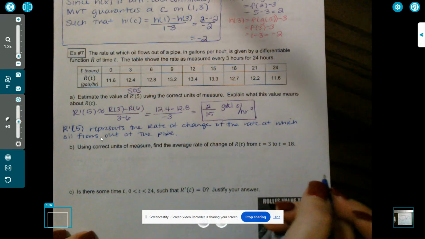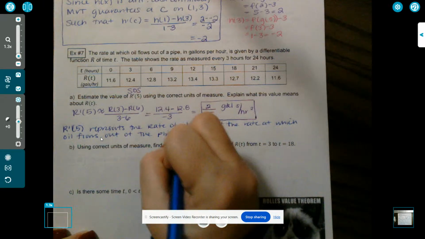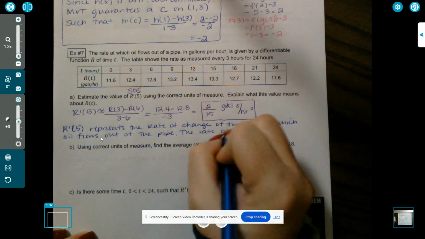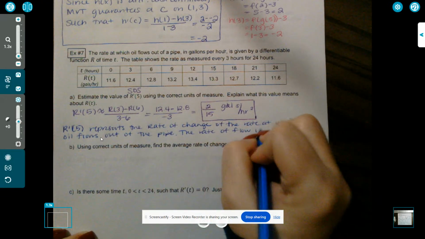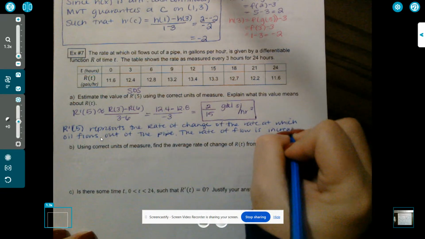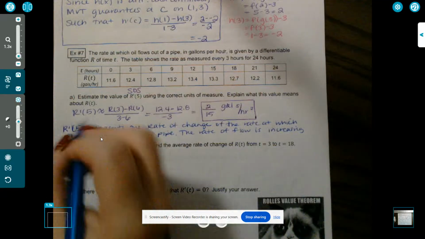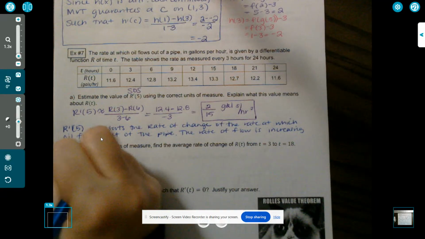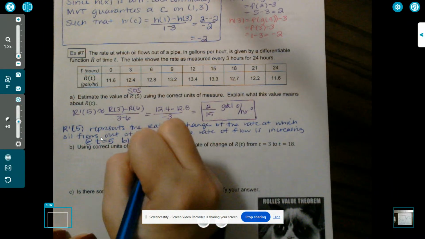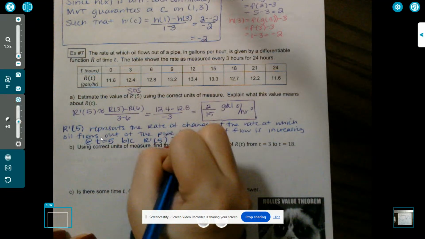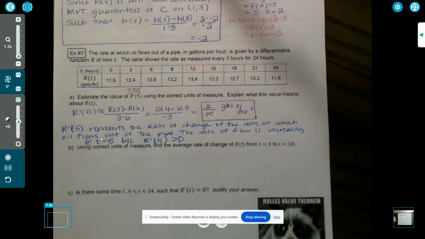The rate of flow is increasing because, and y'all should have finished that part of the sentence, because r prime of 5 is greater than 0. Okay, so because we were positive, we knew the rate of change was increasing.